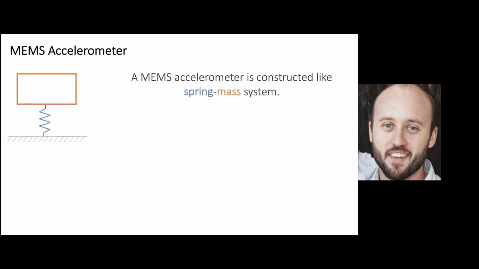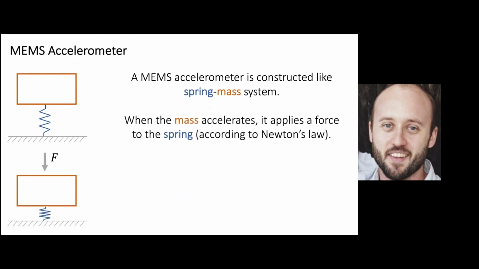So the MEMS accelerometer sort of behaves like our original spring mass system, where we can displace it, and that displacement will come because of a forcing function. So the vibration of the system is causing a small silicon mass to move.